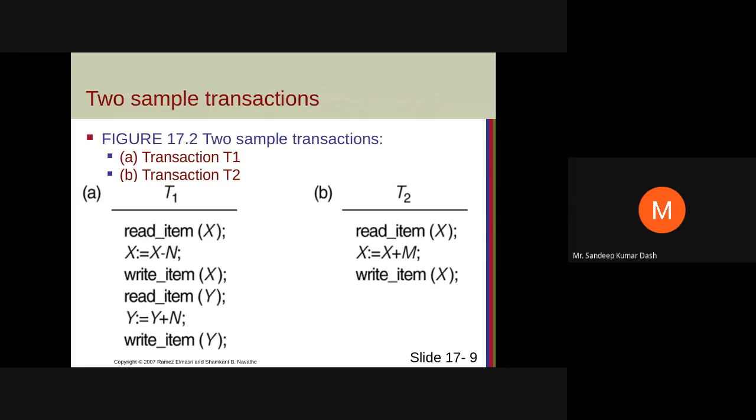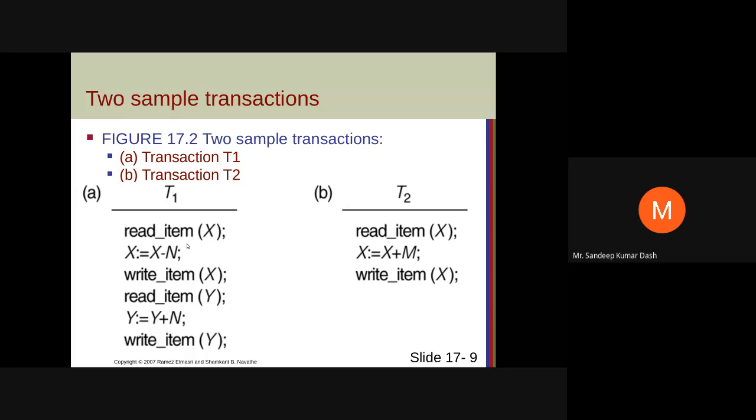This is a basic overview, or you can say a basic type of transaction. There are two transactions being shown, T1 and T2. As I said, the basic operations are read and write. Here you see T1 is reading X, subtracting n amount from X, then writing back the value of X onto the database, because it updated.